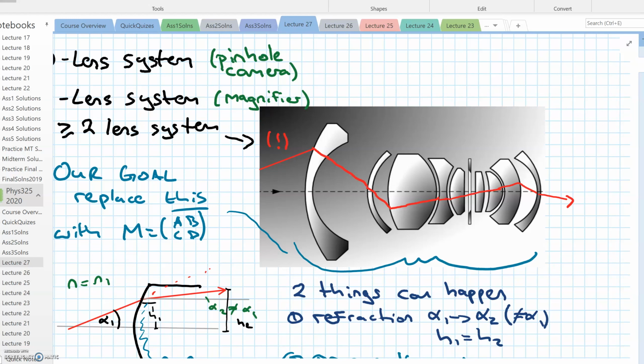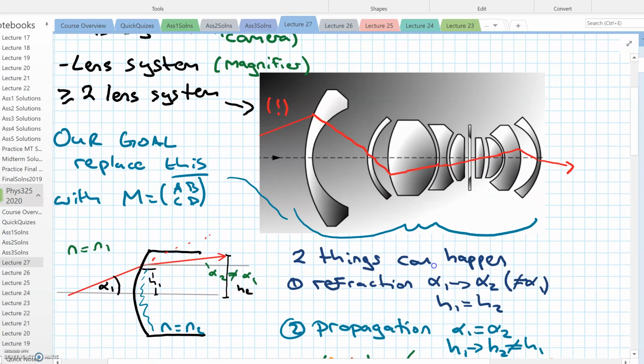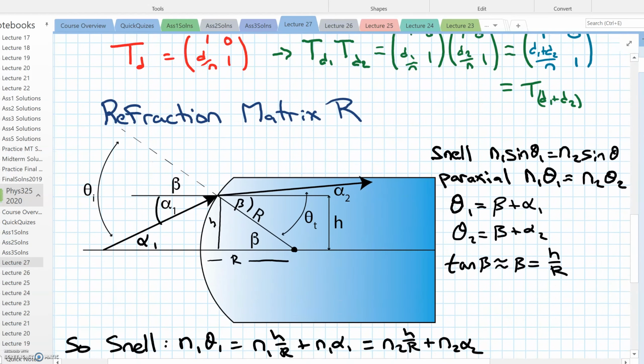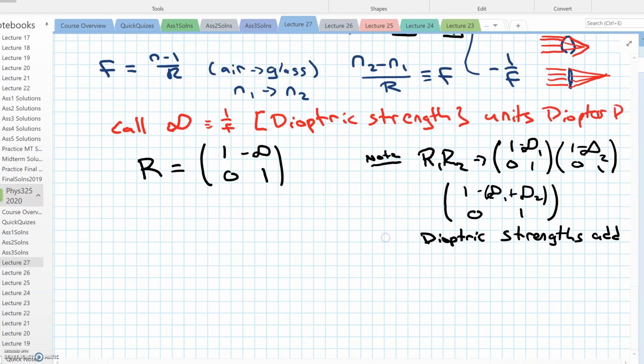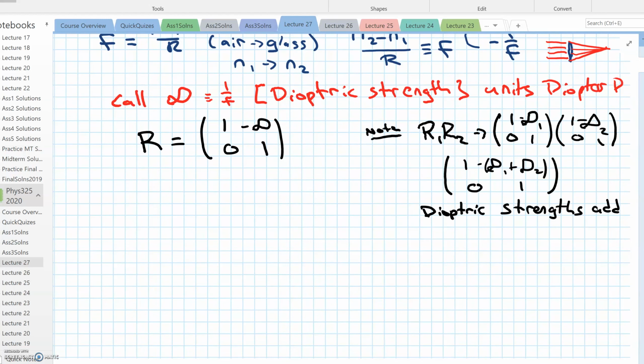I don't know, 0.75, 2.8, negative 3, 2.7. I just made those numbers up, but it's going to be some set of numbers, and that means we don't have to recalculate it for every ray. For every ray, we just input the two numbers, alpha and h, that determine the ray, and grind them through that 2x2 matrix, which is a very simple operation. And that tells us upon exit what the height and the angle will be.